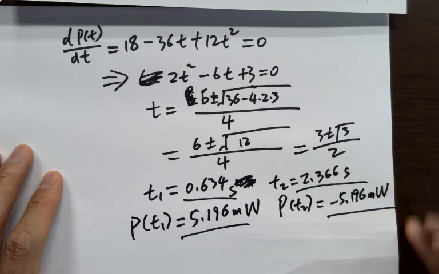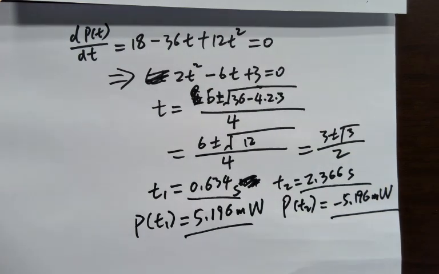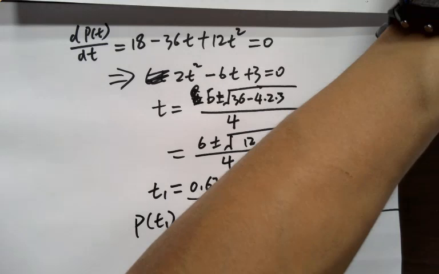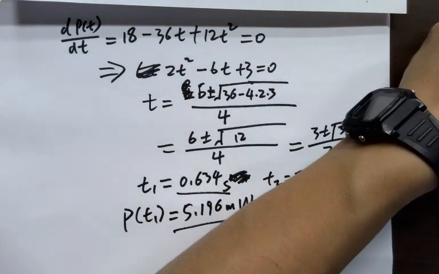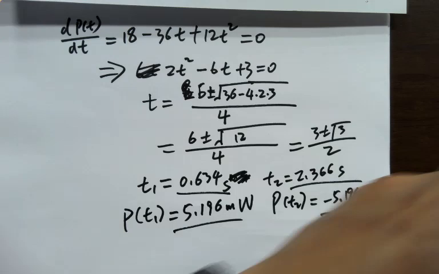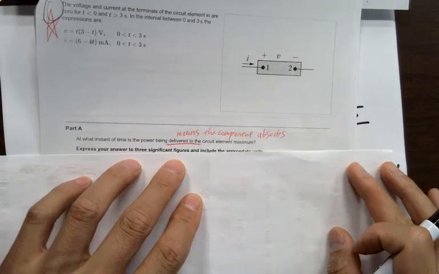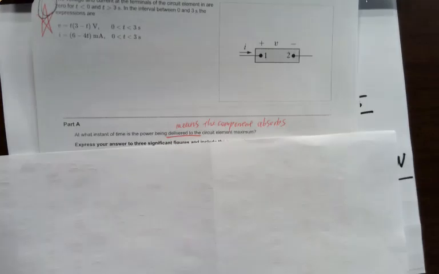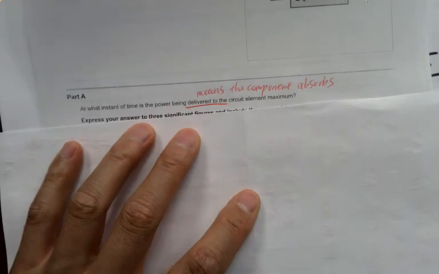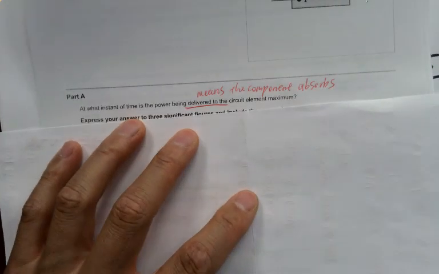So which one is the power being delivered? If you look at the question here, this problem tests your English and your physics and your Calc 1, and not even Calc 1, and algebra, but not circuits.